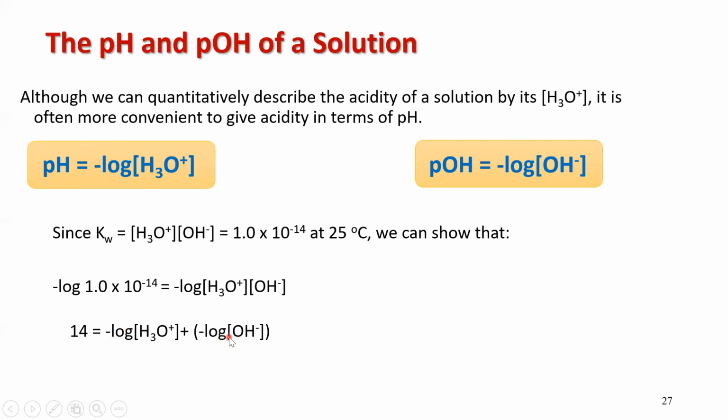And the negative log of the hydroxide ion we defined as being pOH. So that gives us another equation to work with. pH plus pOH will always equal 14. Okay, so we have an equation to calculate pH. We have an equation to calculate pOH. We have an equation to relate hydronium to hydroxide, and we have an equation to relate pH to pOH.